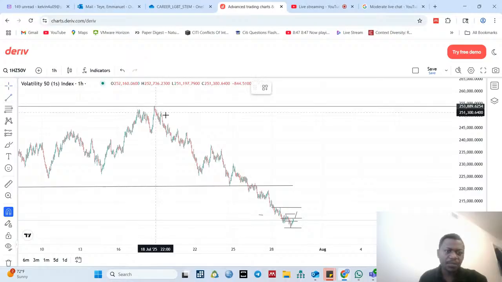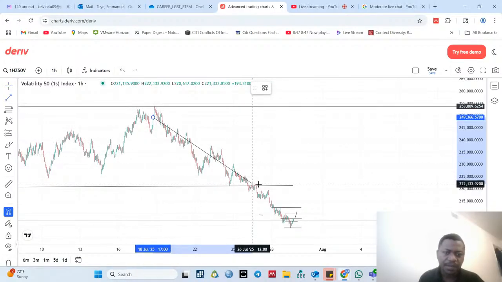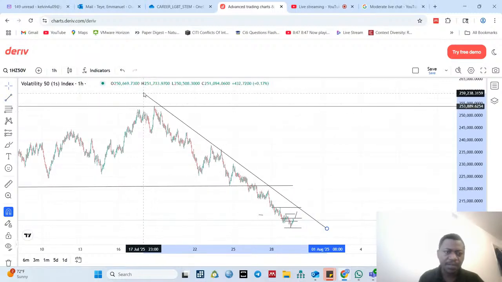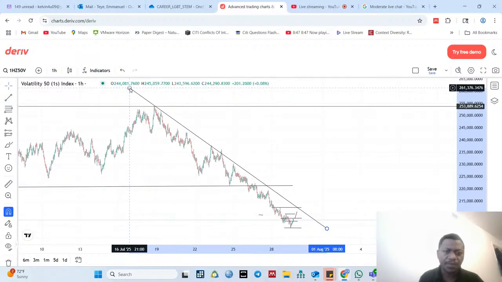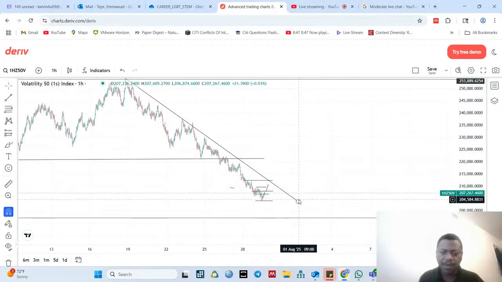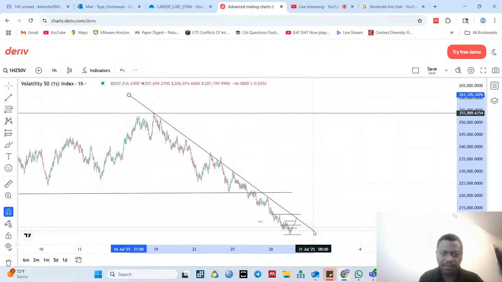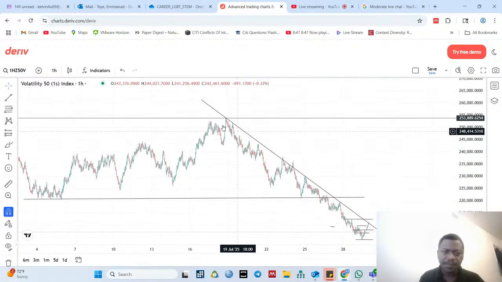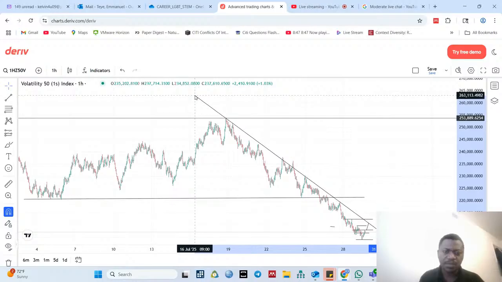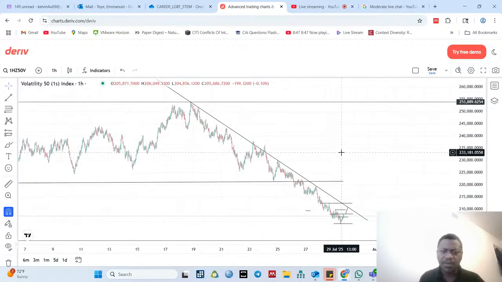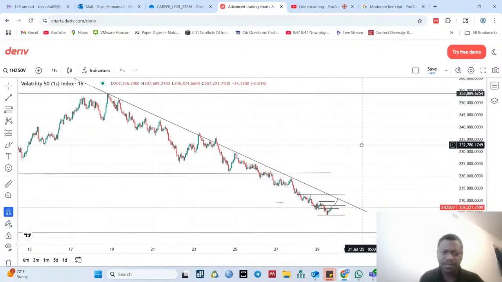So what do I do? I'll still be waiting. Let me draw this trend line. I don't like using trend lines most times, but trend lines are very powerful. They help to provide context for how the market is trending. Trend lines most times act as diagonal resistance and support areas or zones.